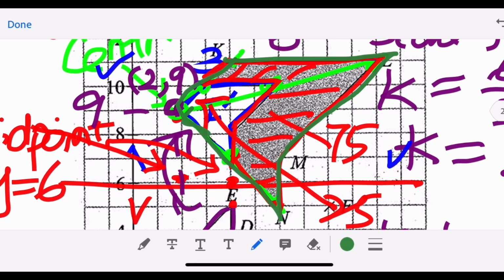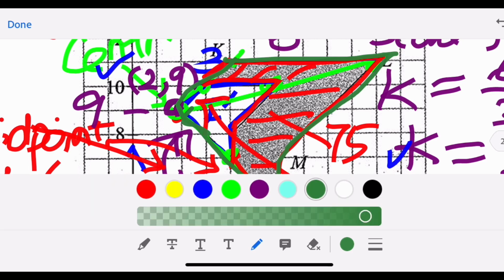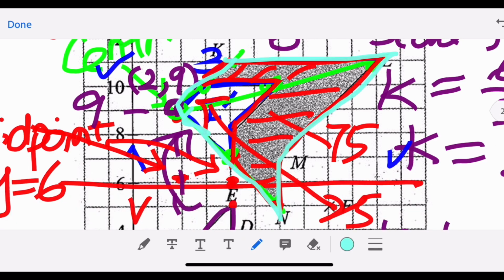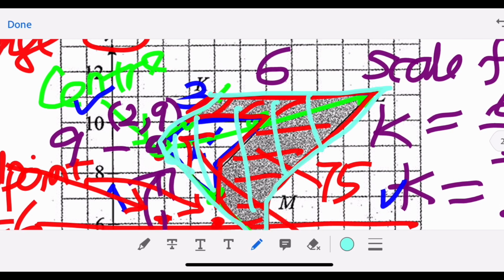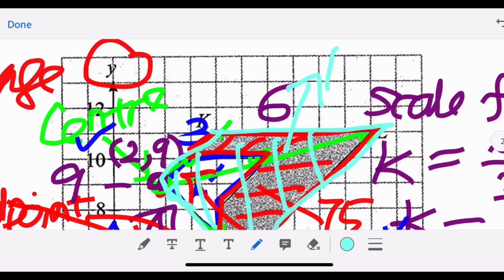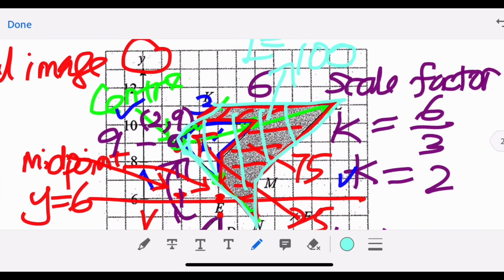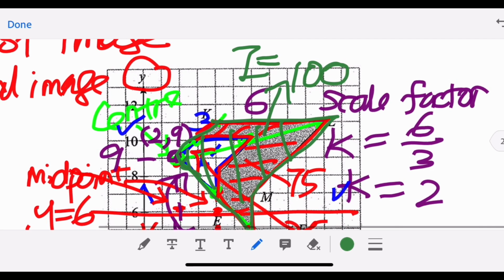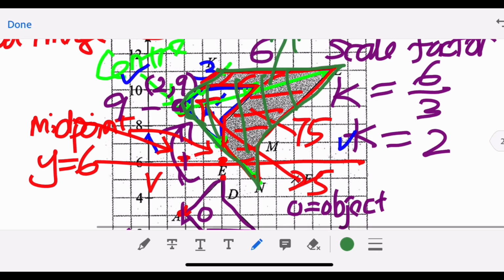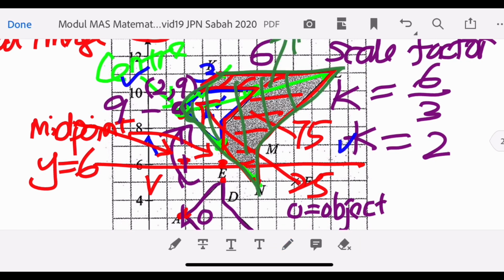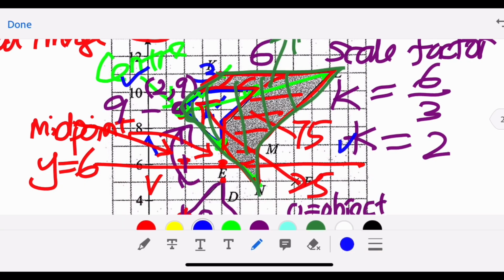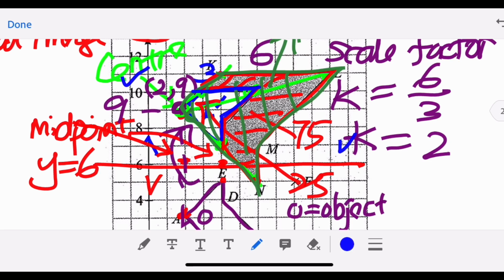So the concept is you have to find the area of the big one, which is the image, okay? And then you have to minus out the area of the object to get the area of the shaded region. This is the concept. So the one that I wrote now, 100, is the area of the image, okay? The one in dark green is area of the image, and then the one that I highlight in blue color is the object.